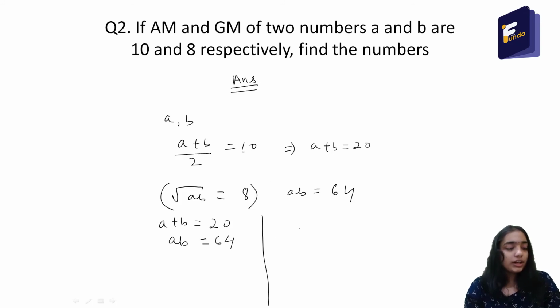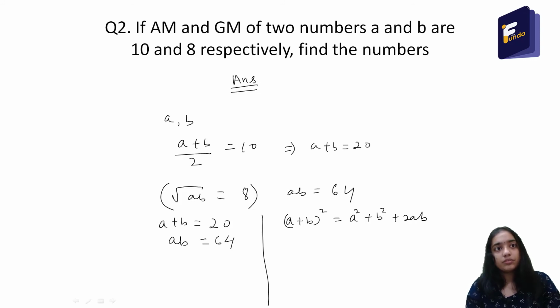The formula for a plus b whole square is a square plus b square plus 2ab. And a minus b whole square equals a square plus b square minus 2ab.